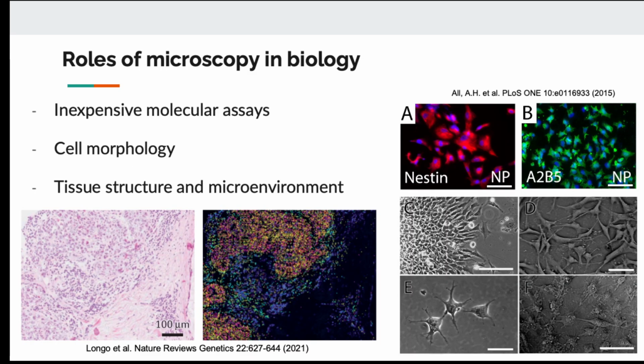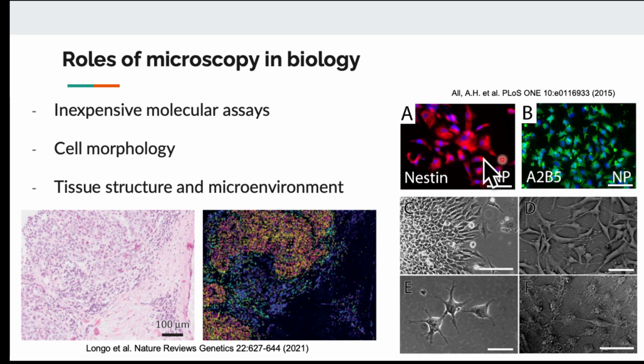Okay, so we know that image can tell us a lot of things. Like when we look at spatial transcriptomics, we see it's not only the expression level of the protein, but also the structure of the tissue. We can interpret both the details at the molecular level and the details on the structural level.